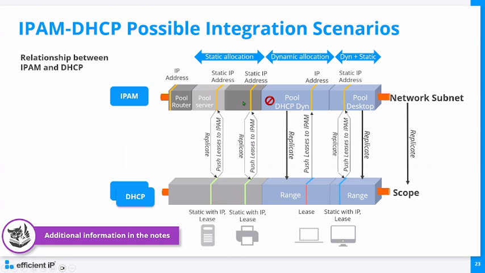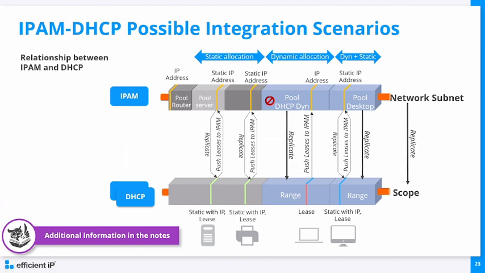Understand? Okay. Now, you can create a pool in IPAM, for example a server pool, and you do not want to replicate it to DHCP. Look at that. The server pool does not have a range, because when you create the pool, you remove the option to push to DHCP.